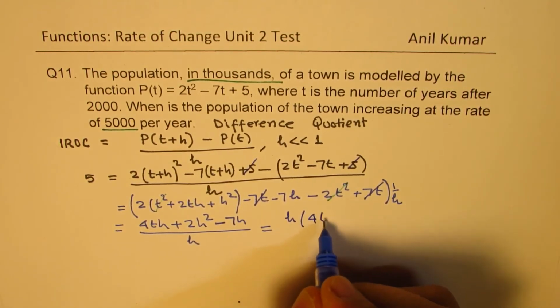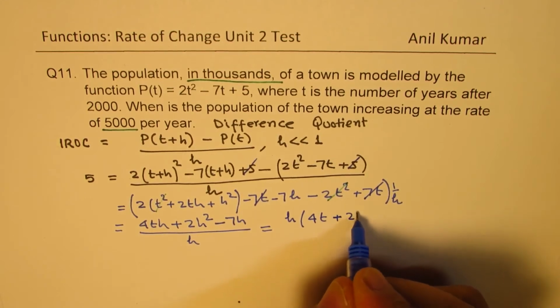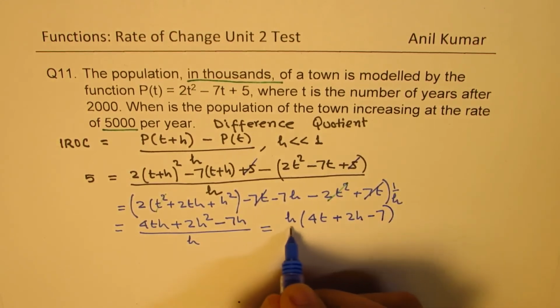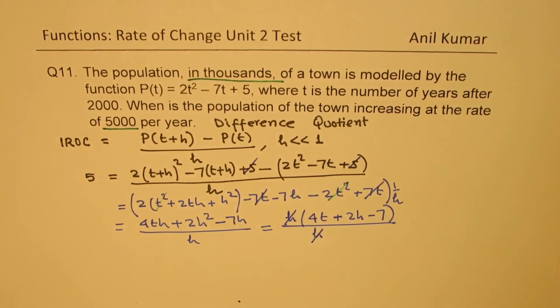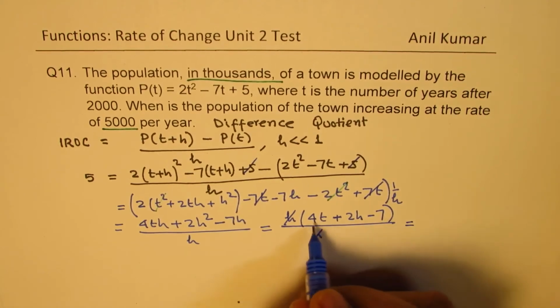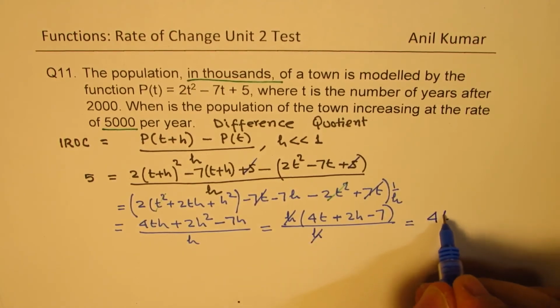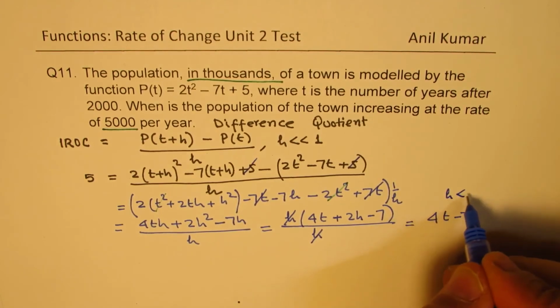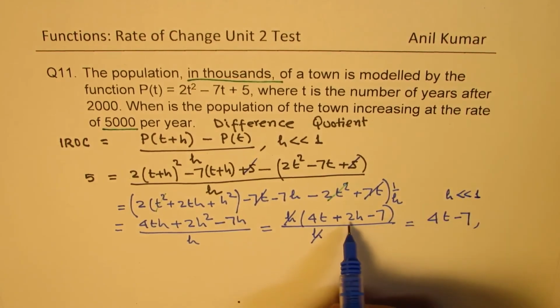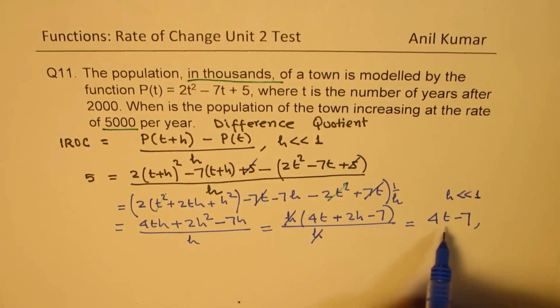So we get h times (4t plus 2h minus 7) over h. Now this h cancels, correct? We also know that h is very small, approaching 0, so we could actually write this as 4t minus 7. So this portion will be 0.